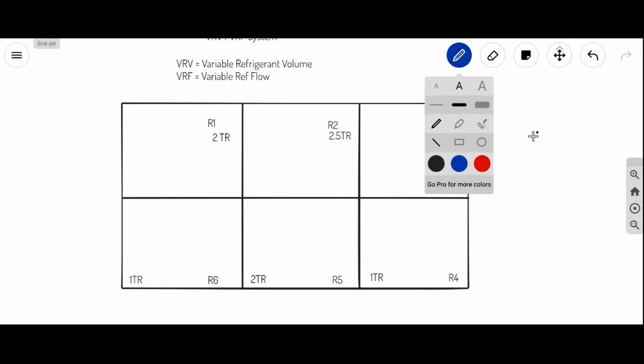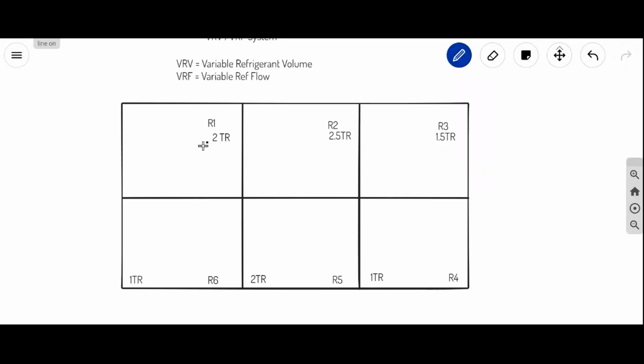So now I am taking a wall mounted of 2 TR.